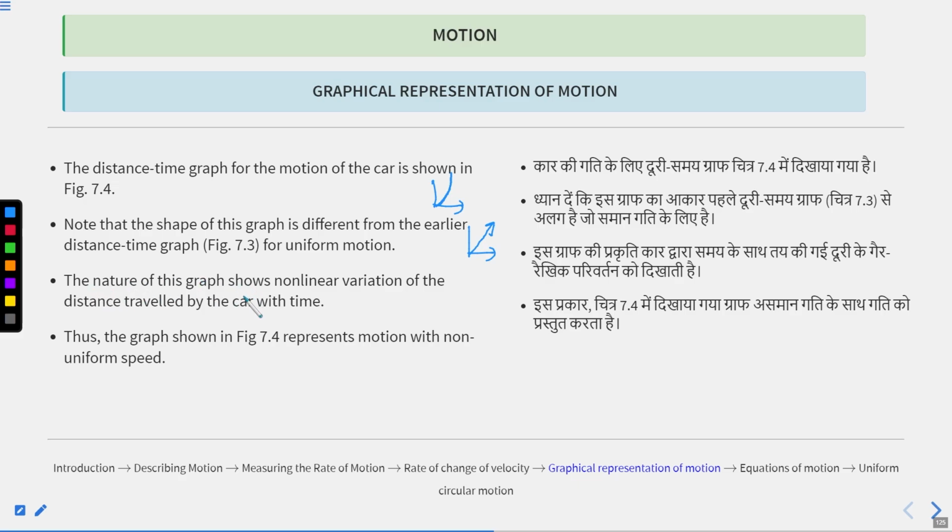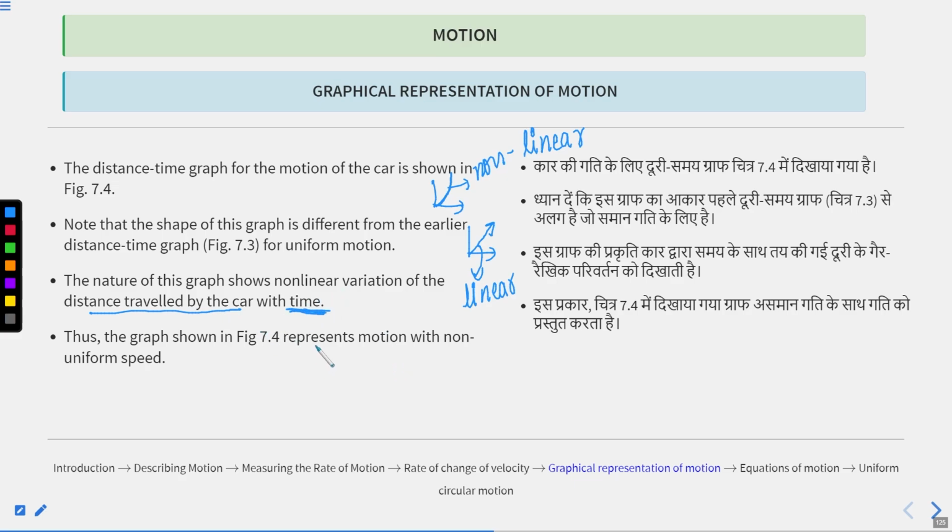The nature of this graph shows non-linear variation. Straight line means linear, curved means non-linear. So the nature of this graph shows non-linear variation of the distance traveled by the car with time.